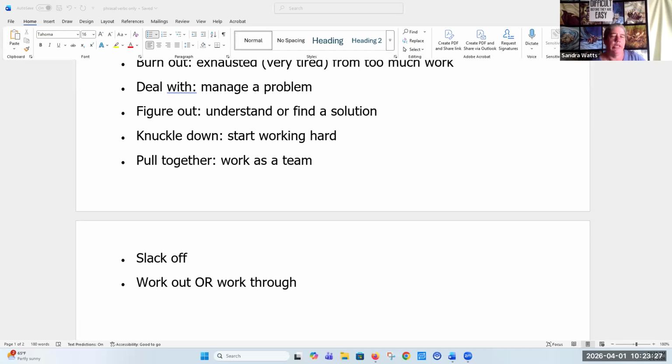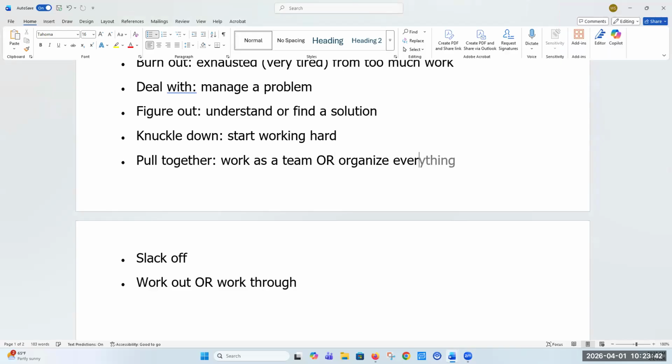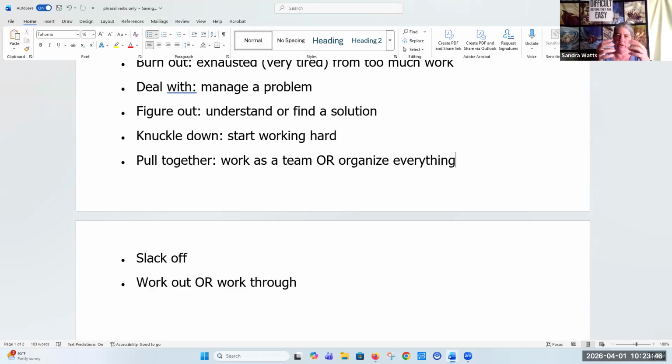Pull together. Yes. I was trying to keep this to one definition, but I'd forgotten about that one. So this is another meaning you can use for pull together.